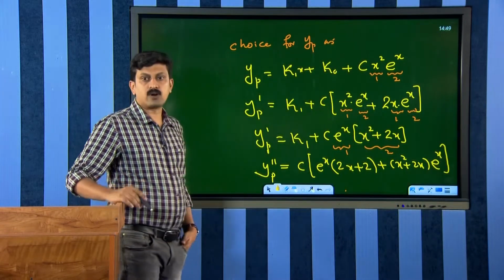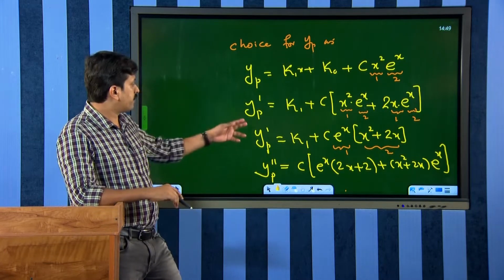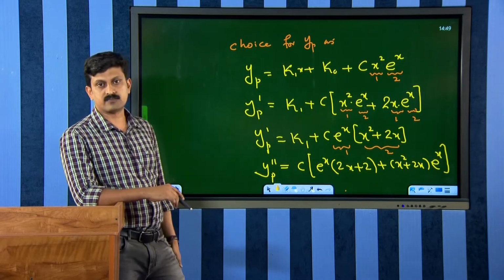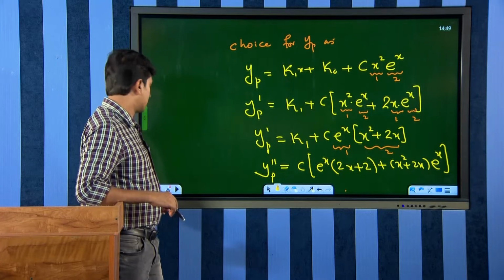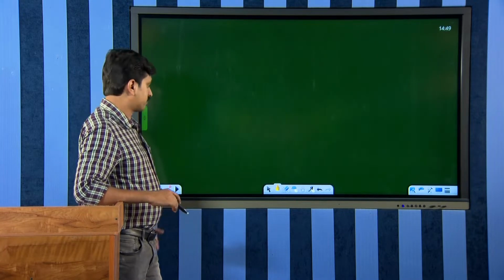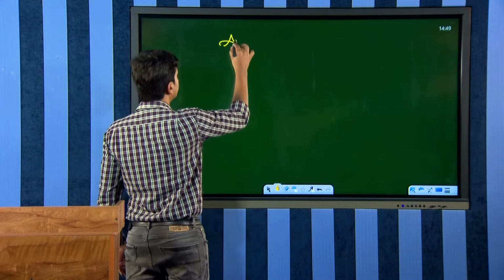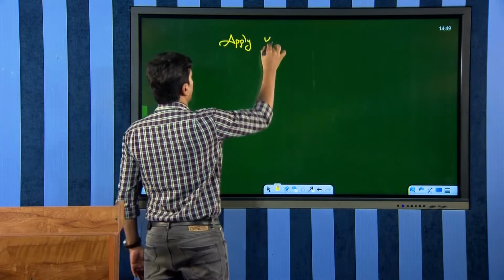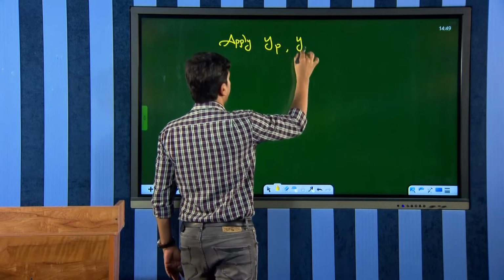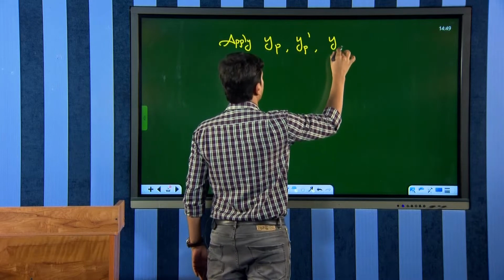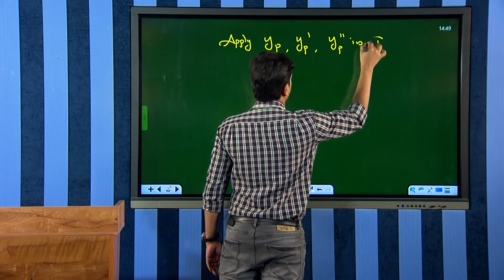Fine. So we found yp, yp dash and yp double dash. We have to apply all these in equation 1.